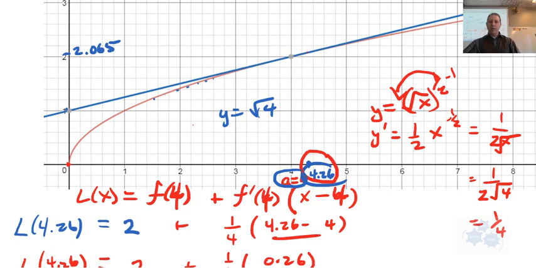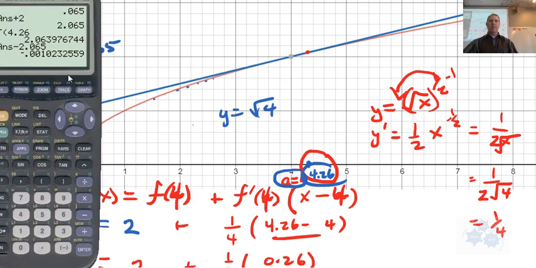So this number is actually the difference between the point at 4.26 on our tangent line and the point on the actual graph. So it's the difference in y values between those 2 points. So this is how close we were. See? 1,000th, basically.